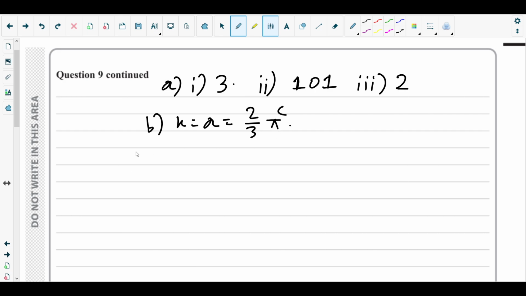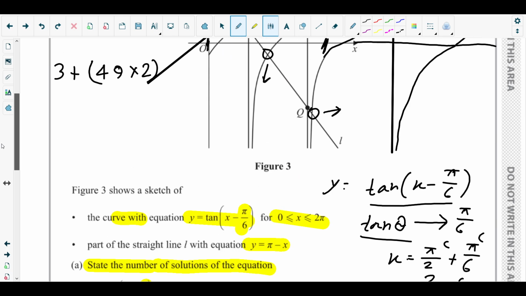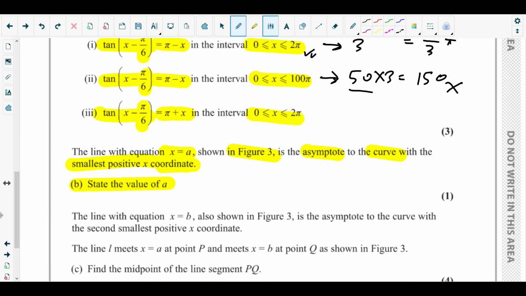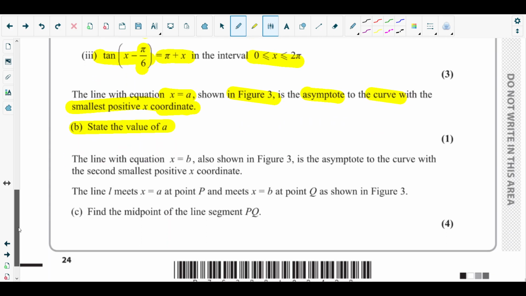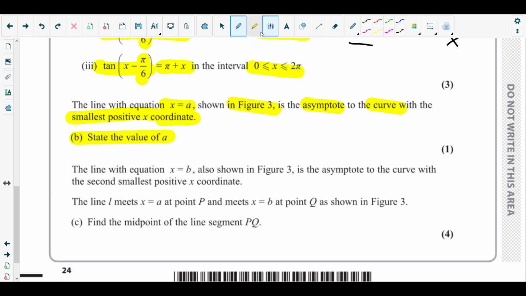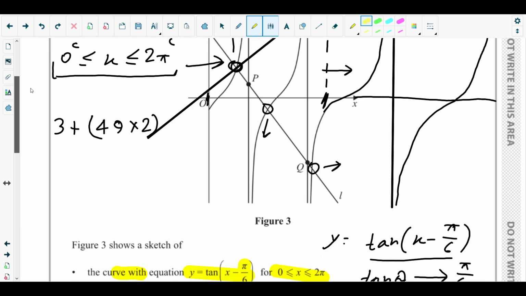Done. Next, for part C, what they have asked in part C. Okay, the line with equation x equals b, also shown in figure 3. We can see the line x equals b, the vertical line x equals b.